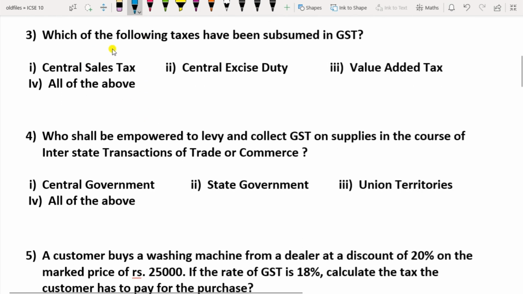Question 3 is, which of the following taxes have been subsumed in GST? The answer is all of the above: central sales tax, excise duty, central excise duty, and value added tax, that is VAT. So all of the above is the correct answer.